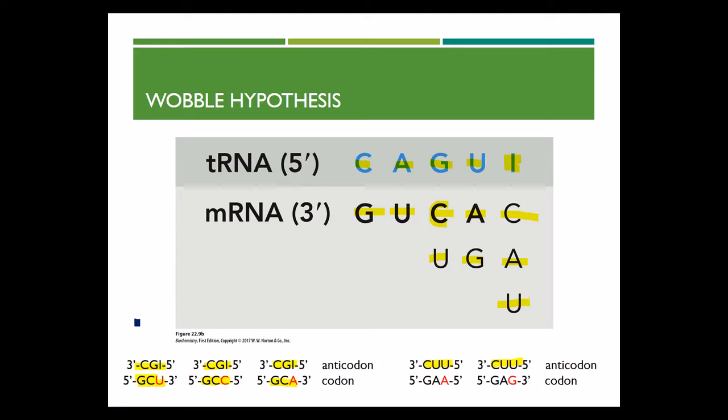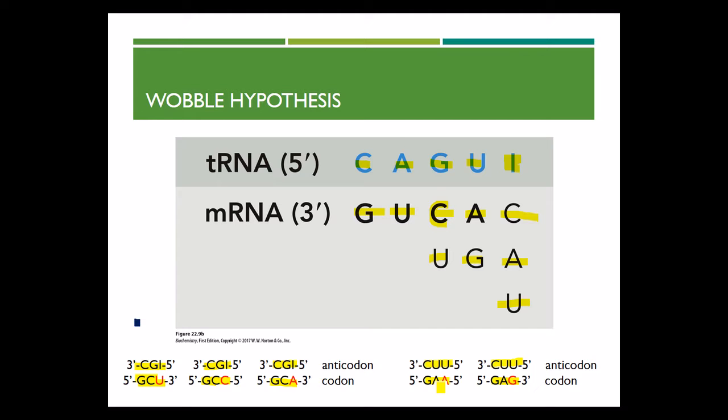This means the anticodon in the transfer RNA could recognize either a GAA or a GAG in the messenger RNA codon. Again, the first 2 positions of the codon have to do your conventional hydrogen bonding. The C and the G pair, the A and the U pair.